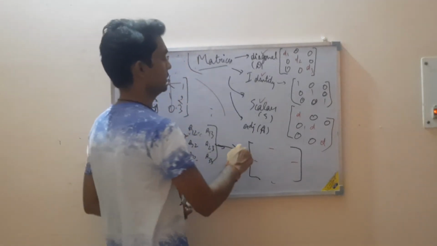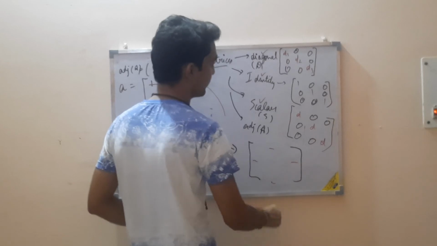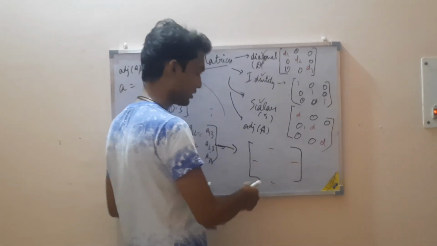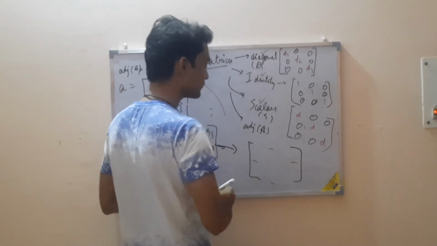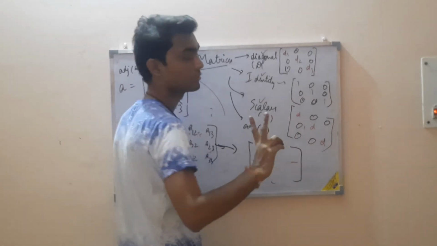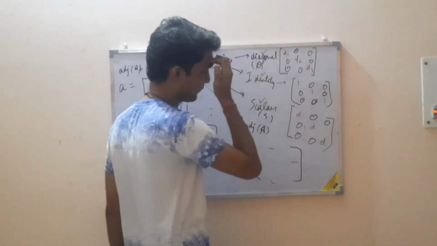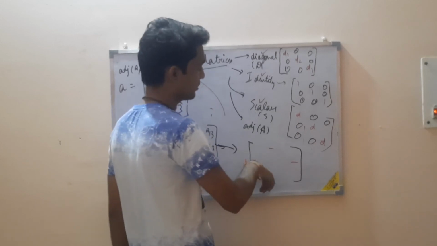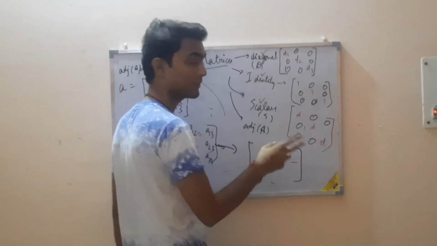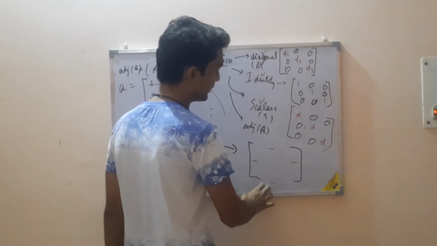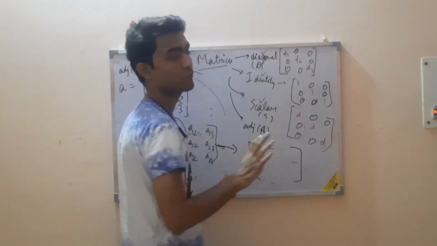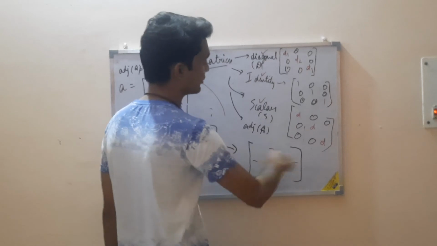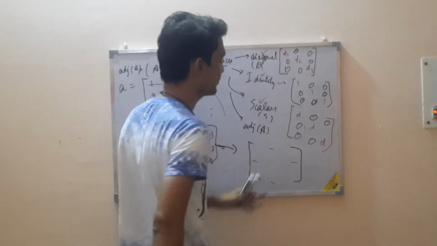See, it is row 1 and column 2, so 1 plus 2 is equal to 3, that's odd, so negative. At row 2 and column 1, 1 plus 2, 3, negative. At row 3, column 2, 3 plus 2, 5, negative. At row 2 and column 3, 2 plus 3, 5, negative.